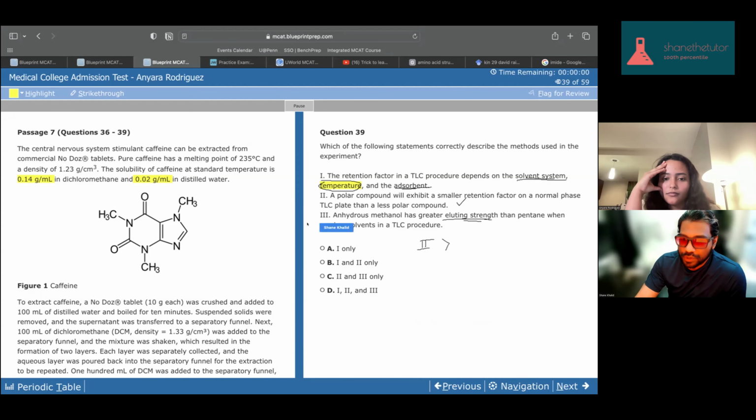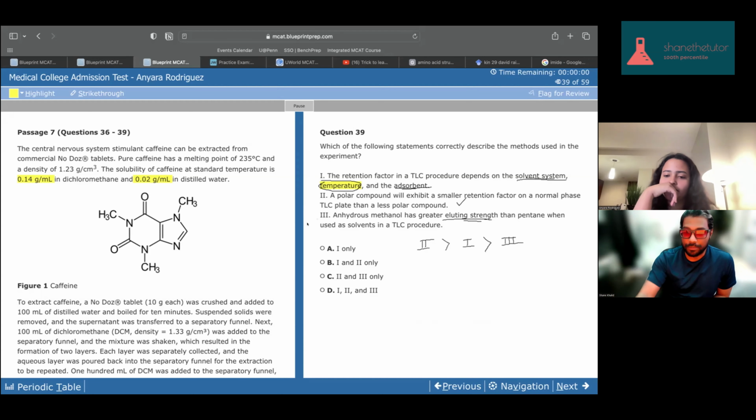Roman numeral 3, if we don't really know what the eluting strength means, we are probably less certain of that. So I would put Roman numeral 1 after Roman numeral 2. And then I would put the least certain one, Roman numeral 3, at the end.